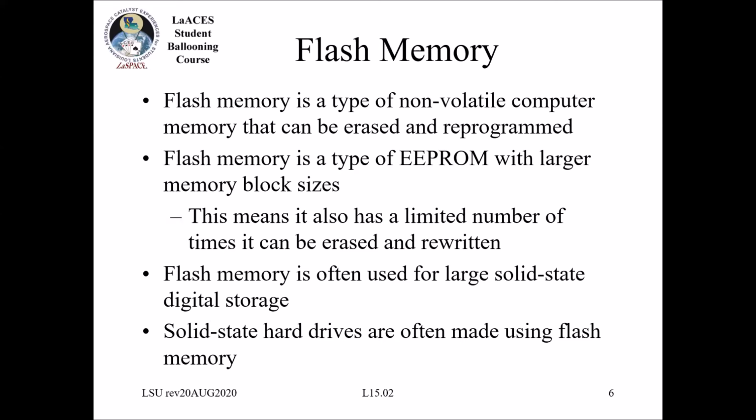EEPROMs are often on the order of kilobytes of storage, whereas flash memory is what you use for SD cards and solid state hard drives. Nowadays you can easily get those up into the gigabytes or terabytes, which is millions and billions of times larger than what you can store in an EEPROM. And they're also faster than an EEPROM.